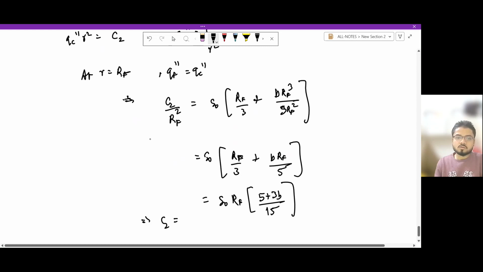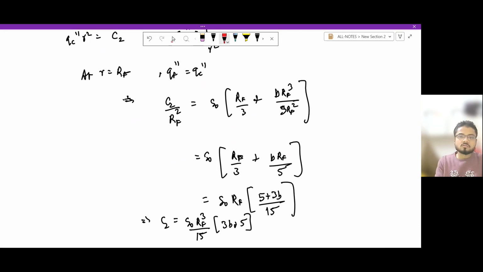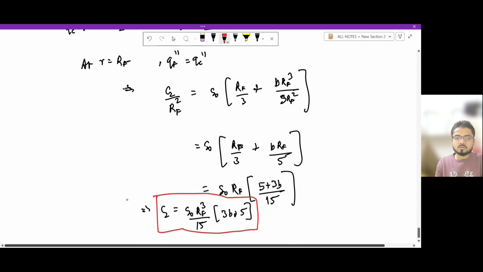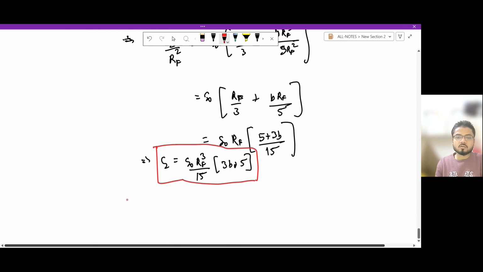So C2 equals S naught RF cubed by 15 and 3B plus 5. So this is another equation that you might have to keep in mind. And here we go again.